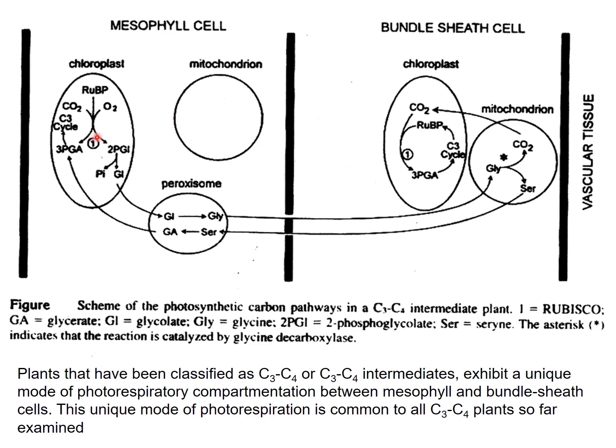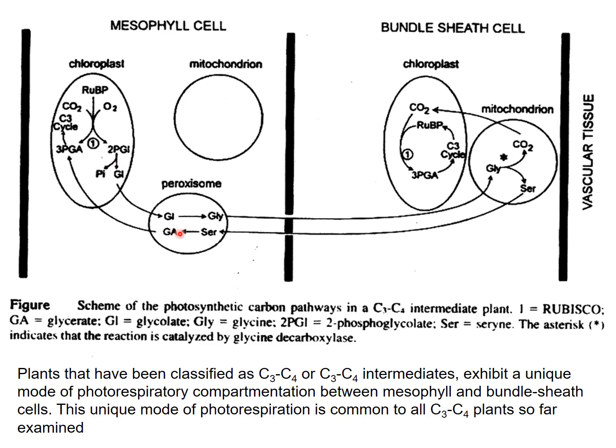Here, number 1 represents the enzyme Rubisco. GA stands for glycerate, GI stands for glycolate, and 2-PGI stands for 2-phosphoglycolate.